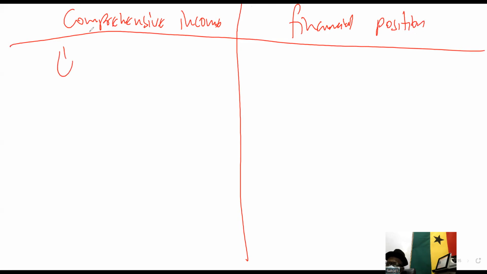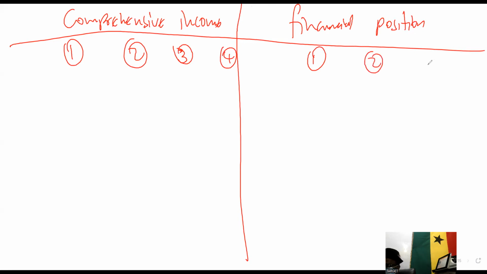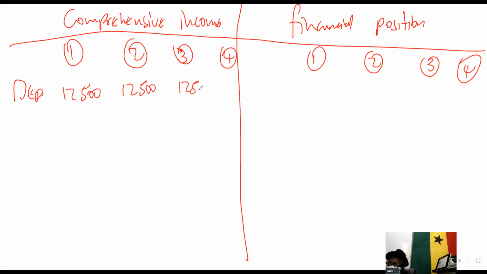Year 1, year 2, year 3, and year 4. Depreciation is going to be $12,500 for each of the 4 years. Let's go to the balance sheet. Here, grant will not be featured.